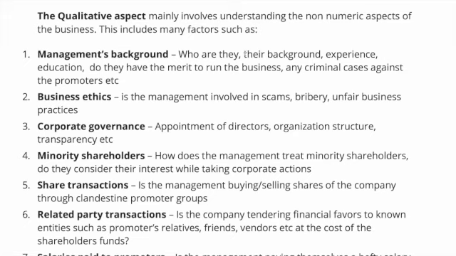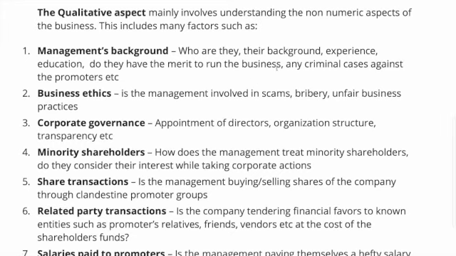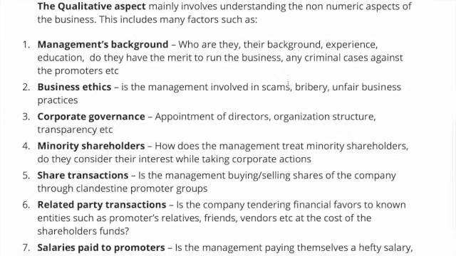Who is he? What is her background? What is his background? What are their background, experience, education? Do they have merit to run the business? Do they stand out amongst other competitors? Do her skills stand out among other CEOs?